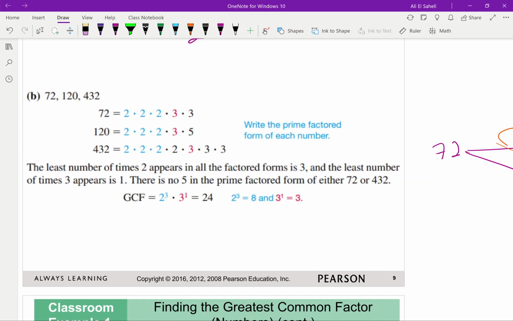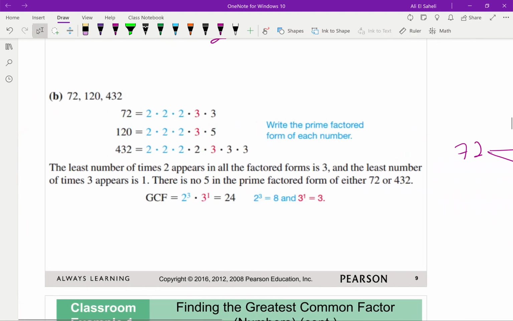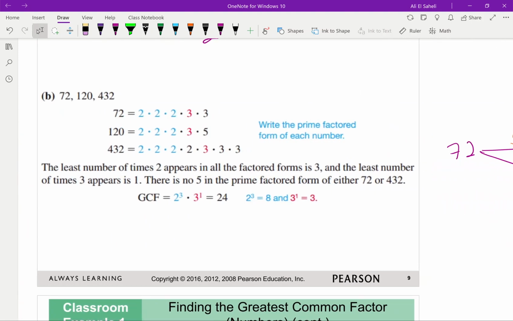120 is done similarly. It's exactly the same procedure, except more calculation. Now, the first prime that is common is 2, and in all of these it's 2 to the power 3. The second prime that is common is 3. In the first one, it's 3 to the power 2.